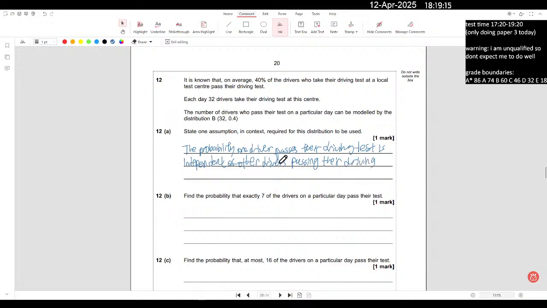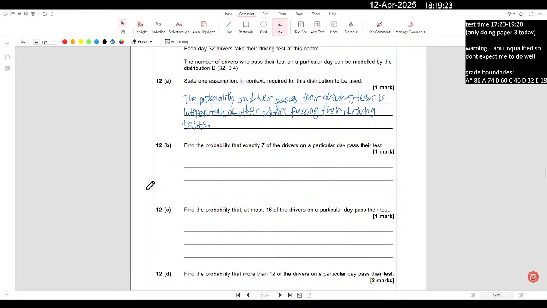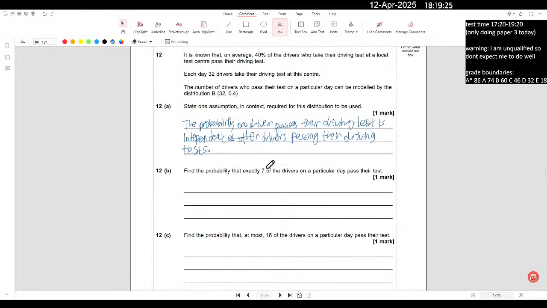I think I've done this type of question before, but it has been a while, so I kind of forgot. Alright, so P(B equals 7) equals. Well, I've got to use my calculator for this, so let me go to calculate.